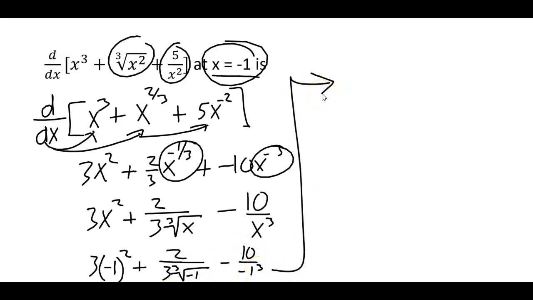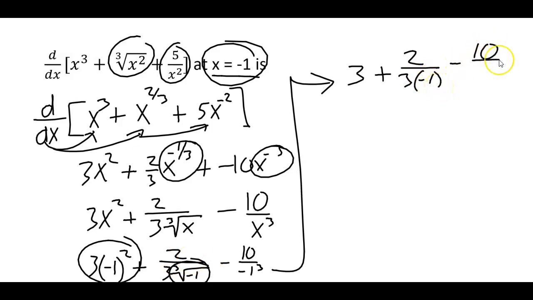Okay, so negative 1 squared is positive 1, times 3 is 3. The cube root of negative 1 is negative 1. And negative 1 cubed is negative 1.